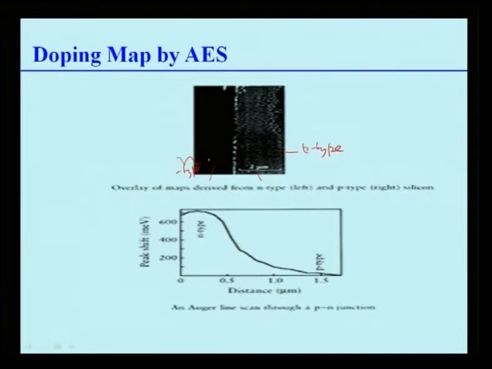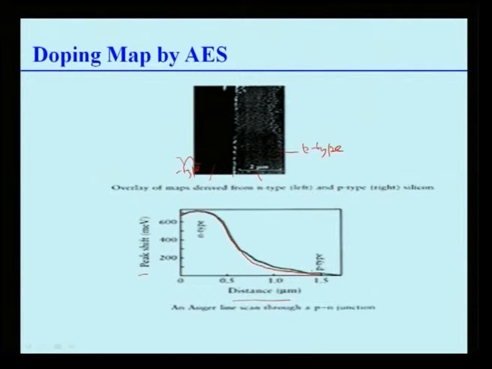So we can actually take a silicon single crystal and dope elements of different types and make an NPN junction, or a PN junction basically, here N and P. This is the junction. So you can see that the peak shift changes continuously from N type to P type. This is basically the quantified value of the peak shift from the N type region to the P type region.